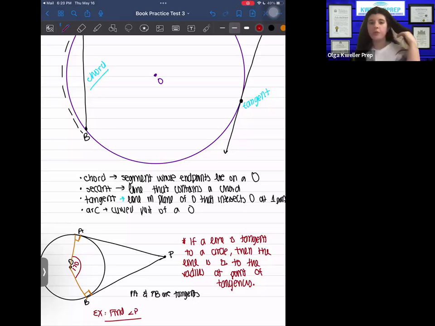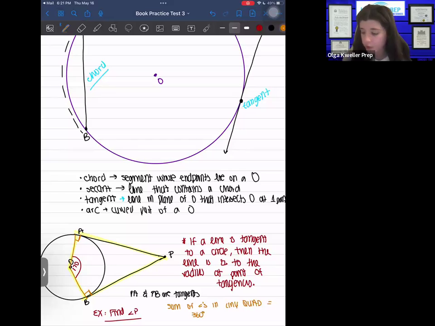Yeah, right. So what you guys have to know is, what kind of shape is this? It's a quadrilateral, right? It has 4 sides: 1, 2, 3, 4. The sum of angles in any quadrilateral is 360 degrees. So by knowing that these are both 90 degrees, we would do 360 minus 170 minus 90 minus 90.